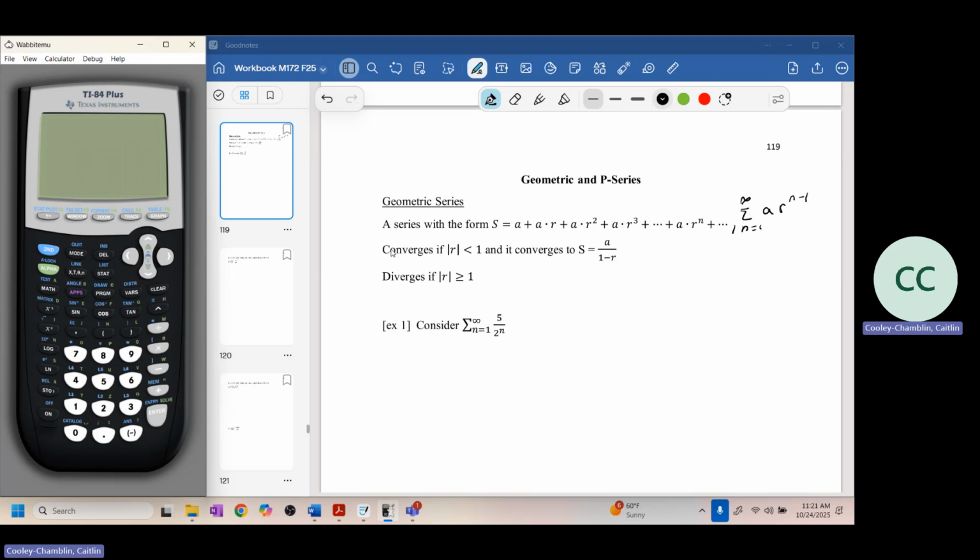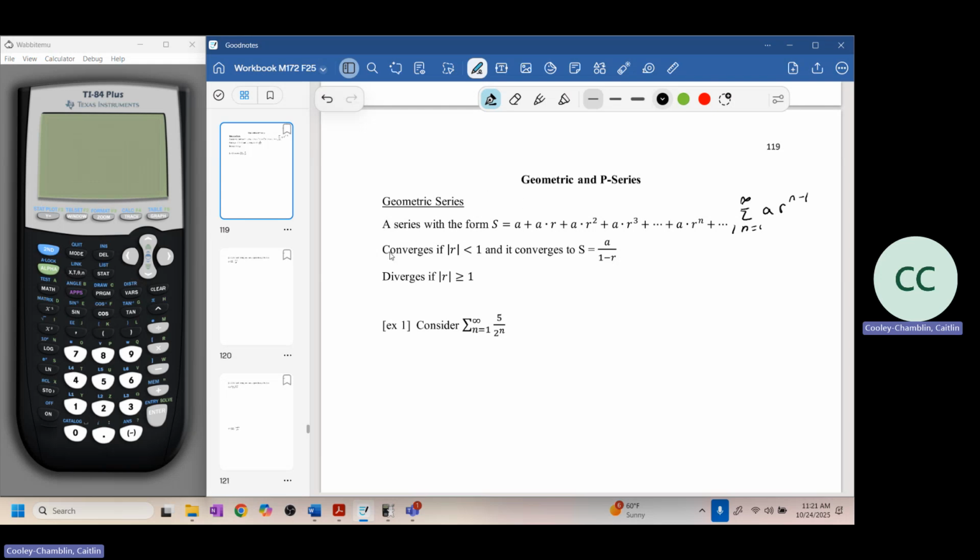And then we had a few different methods of looking at them, but we came to the conclusion of the nth term test. And I said that this test doesn't always work for everything. There's more tests out there that we have to run to see if a series converges or diverges. So today we're going to cover the geometric and p-series test.